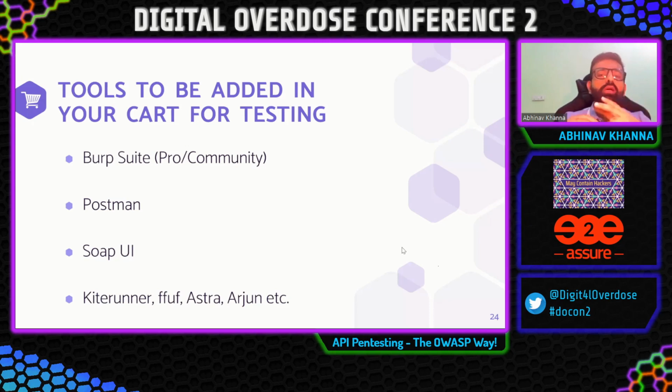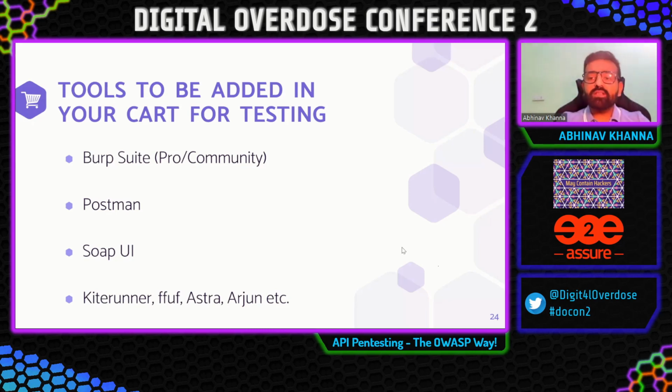The second is Postman, and Postman comes into the picture when we're working with REST APIs. Just like Postman, there's something called SoapUI, and SoapUI comes into the picture when we're working on SOAP APIs. The next one is Kiterunner. Kiterunner is a very widely used content discovery tool.